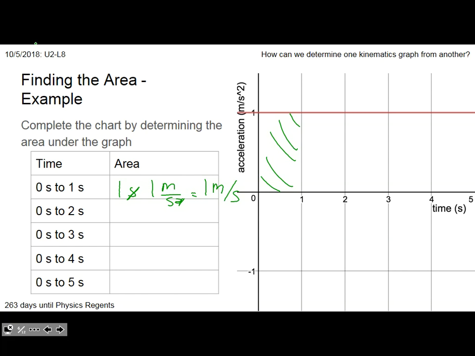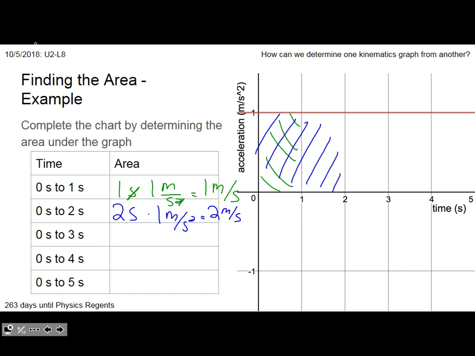Okay, let's do the next area from 0 to 2 seconds. Now how wide is the rectangle? 2 seconds. How tall is the rectangle? Still 1 meter per second squared. And I multiply that, and now I get 2 meters per second.